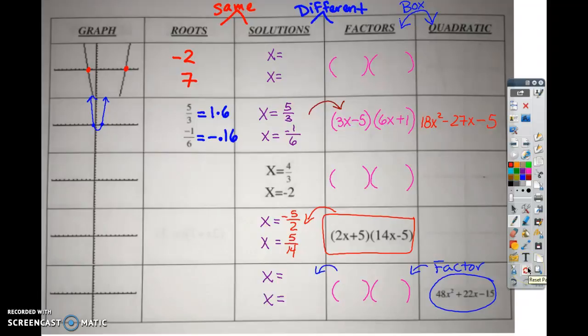All of this is going to be on there. They will give you a quadratic just like the ones on this side. And you have to factor and give the solutions. Or you can go straight from quadratics to solutions if you know how to do that.